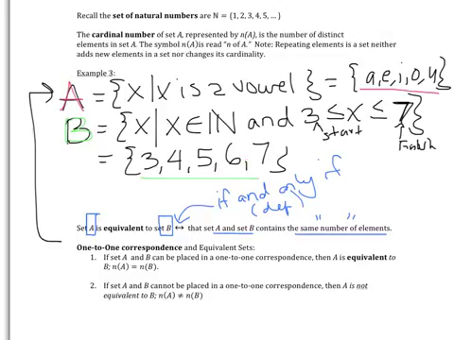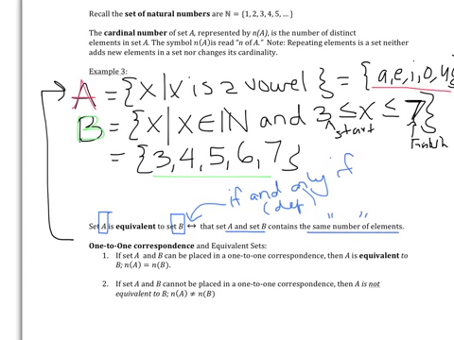Thus, since the cardinality is the same, we say that sets A and B are equivalent. Not equal, because that's different when we talk about sets, but equivalent. You can count to determine the cardinality. So here, n of A is 5 and n of B is also 5.